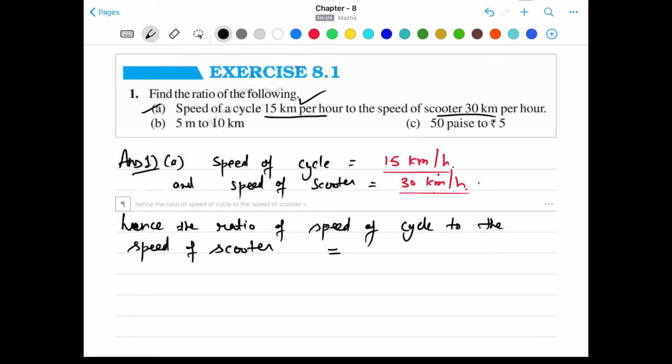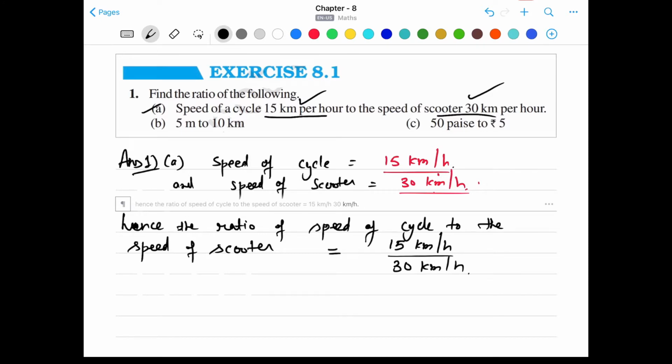Here the speed of cycle is mentioned first, and later the speed of scooter. So we'll write the speed of cycle first, in the numerator, that is 15 kilometers per hour, and the speed of scooter, which is 30 kilometers per hour.